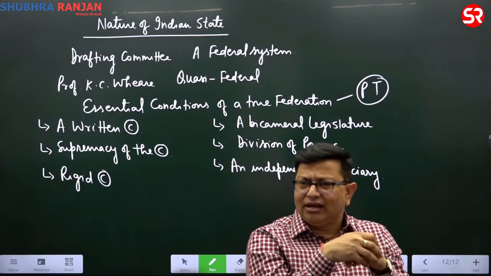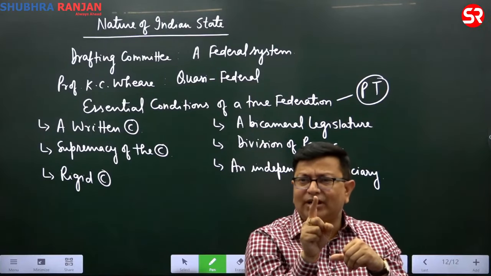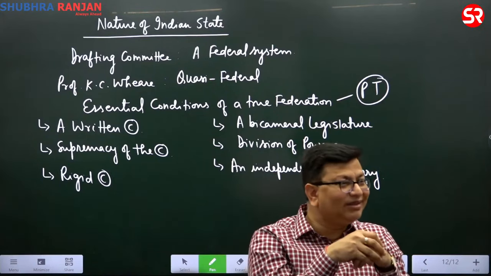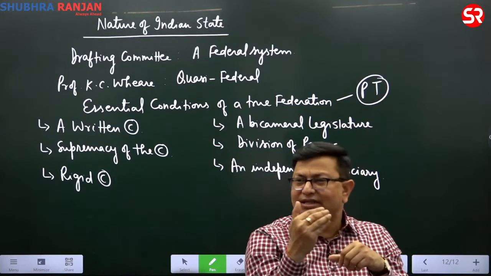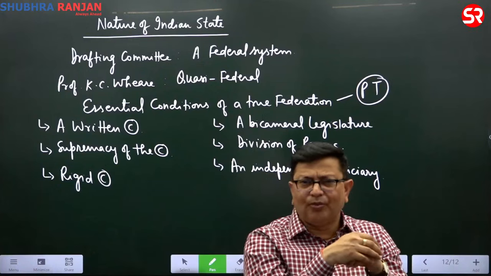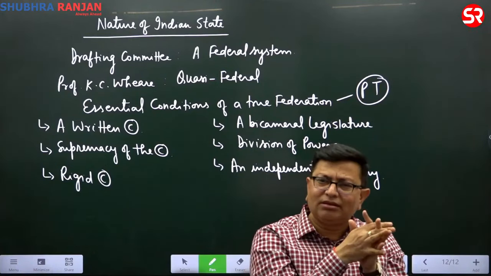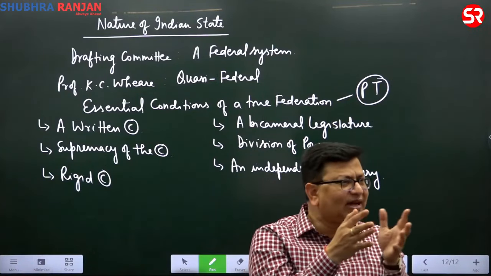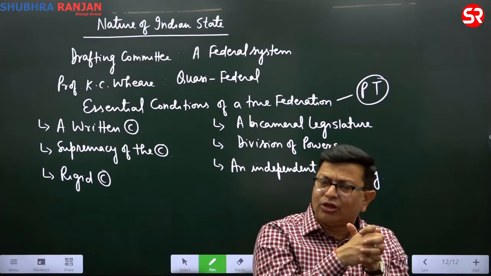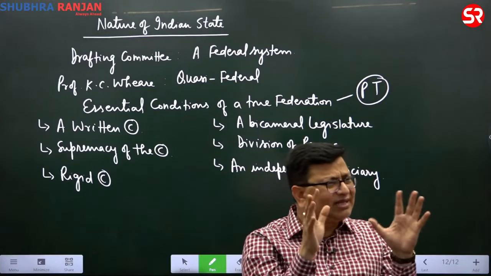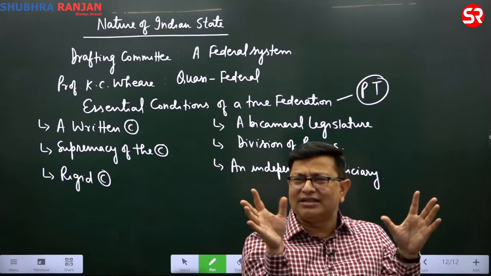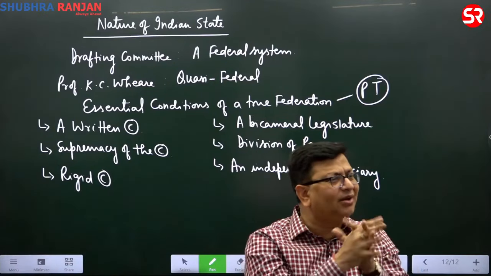In India, the states are at the mercy of the central government. If tomorrow the central government wishes, UP can be divided into two parts. Madhya Pradesh was divided into two parts. The states have no voice in that. The consent of the state is not required.